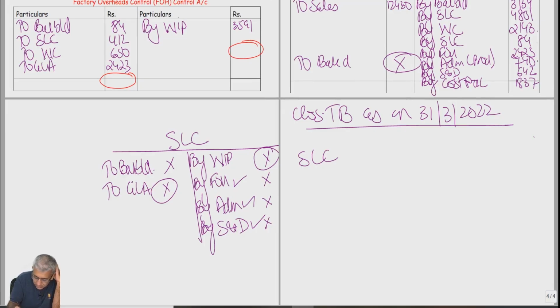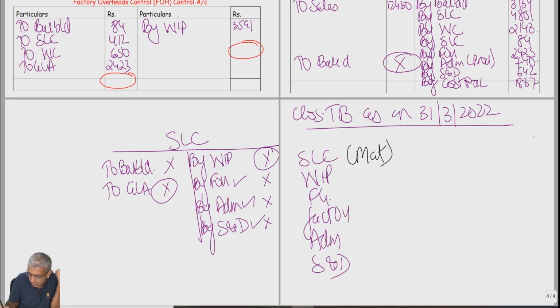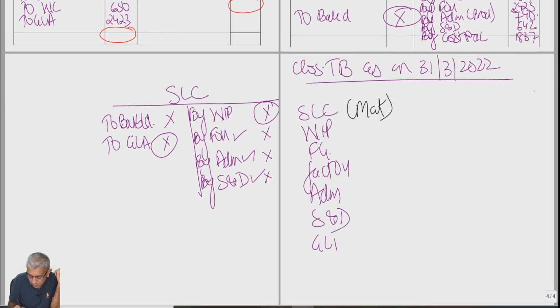SLC, that is material, WIP, finished goods, factory overheads, administration, S&D, and your GLA.